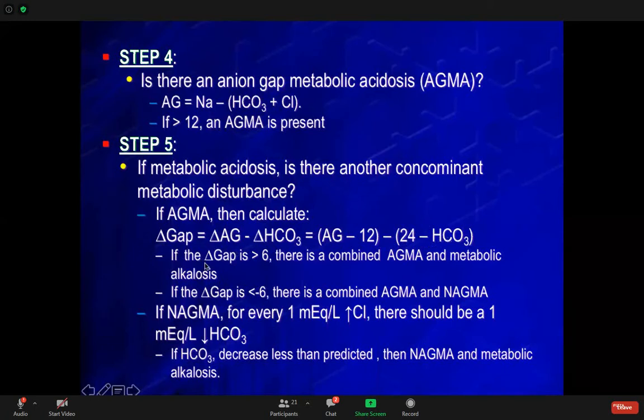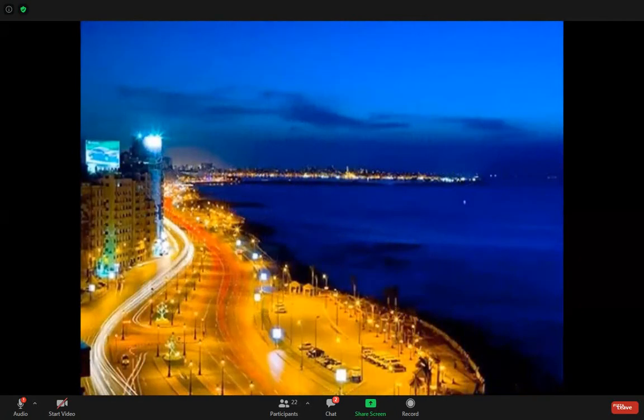If this delta gap is more than 6, it usually means that you have anion gap metabolic acidosis and metabolic alkalosis, so you have two disorders. And if it is less than minus 6, it means both anion gap metabolic acidosis and non-anion gap metabolic acidosis. Is this clear?